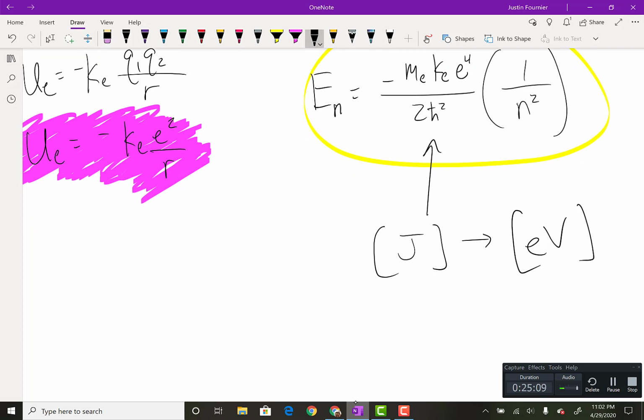That should look familiar to you from chemistry, but maybe not. You should get a number of, I think, 13.6 eV. So see if you can get that. And that's what you're going to post in the discussion.